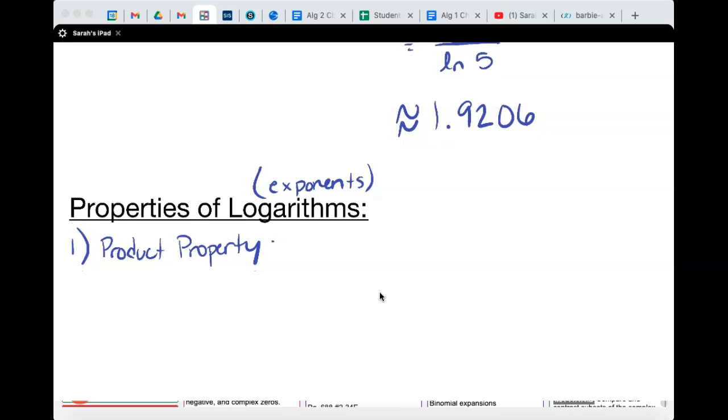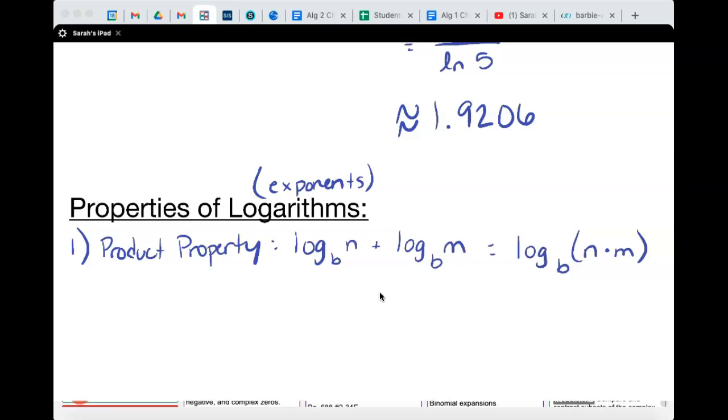So if I have log base e of n plus log base e of n, if you're adding the same logarithm together, so log base b, you could condense it to write it as log base b of n times n.